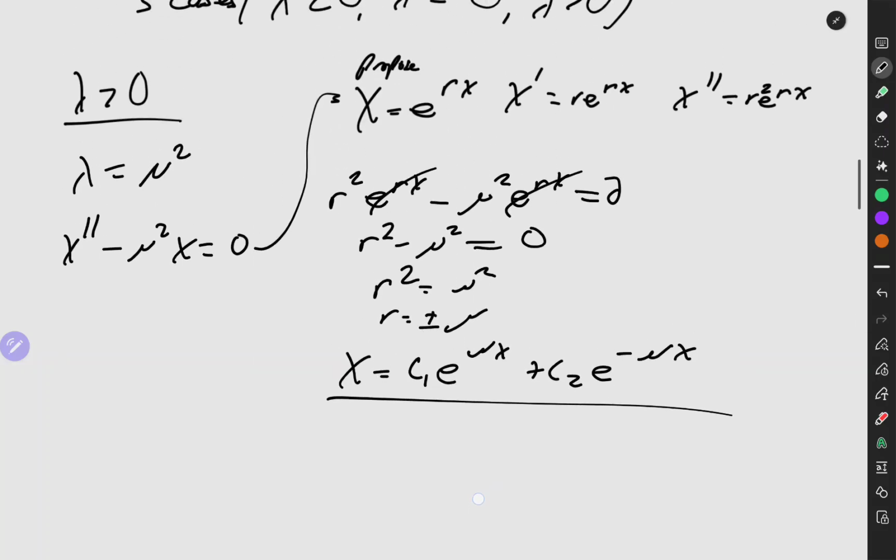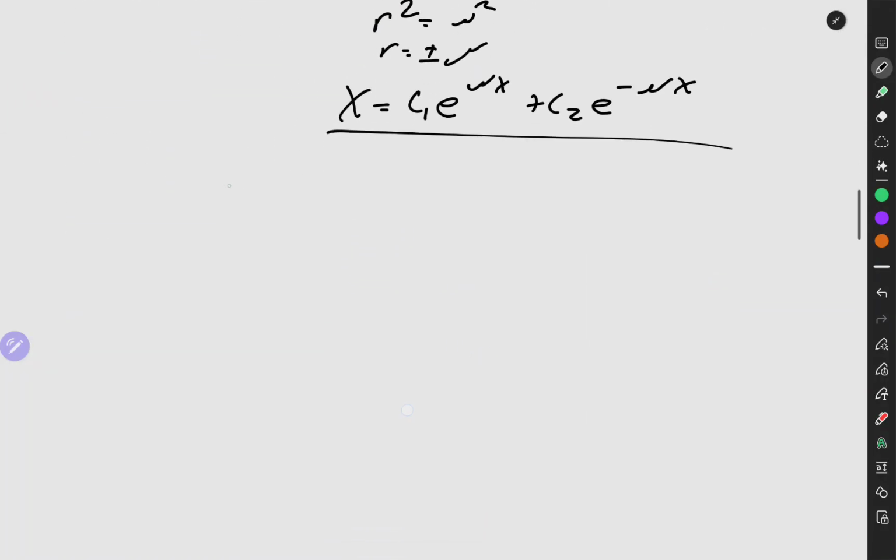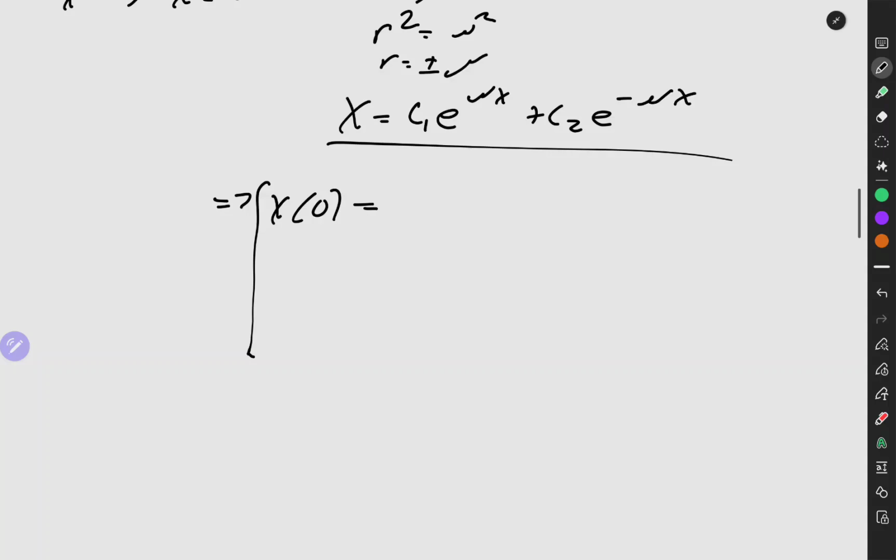Right? So now let's look at the boundary conditions. So we had X of 0 equals 0. This is how I like to write it, like this. I like to do brackets. I like to keep everything for the first one in a bracket. So let's look at X of 0 is equal to 0. Now remember, anything with e to the 0 is going to be 1.